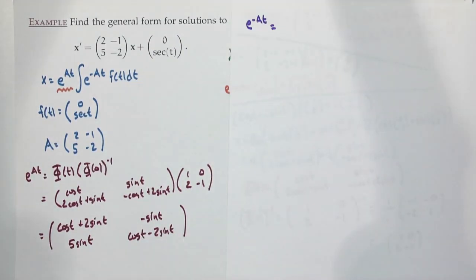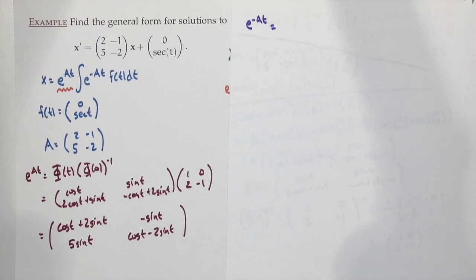Now, the nice thing is, how do you go from e to the positive At to e to the negative At? What do you think you do? Well, taking the inverse of the matrix is a bold move.